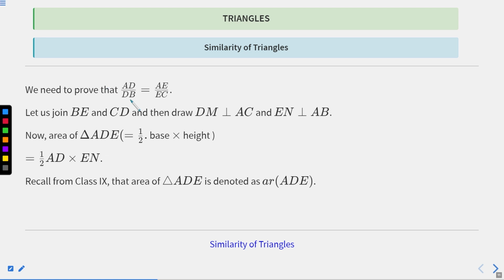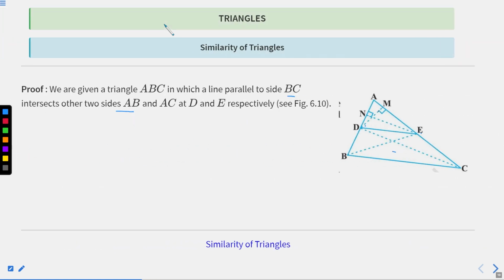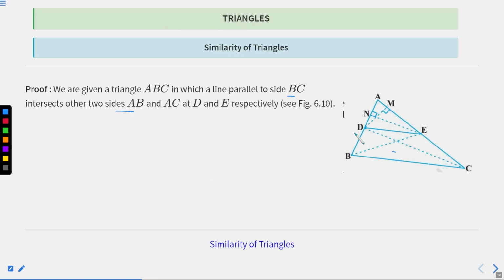Here we need to prove that AD over DB is equal to AE over EC.